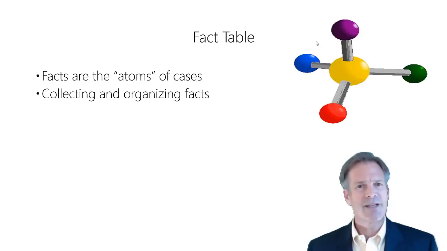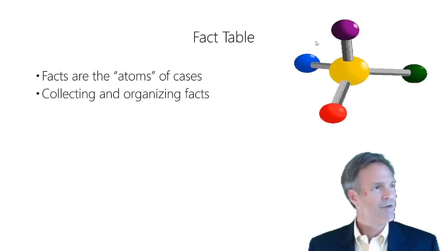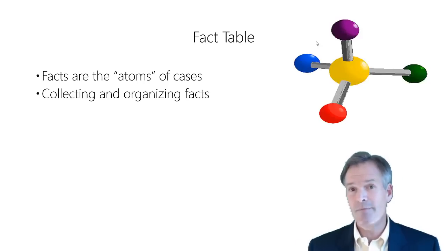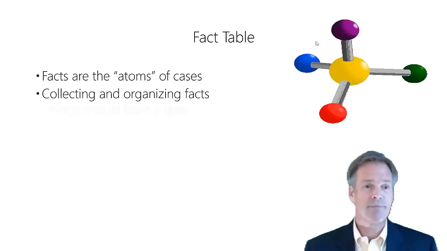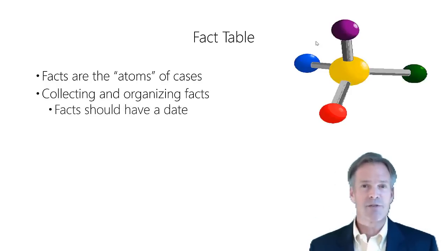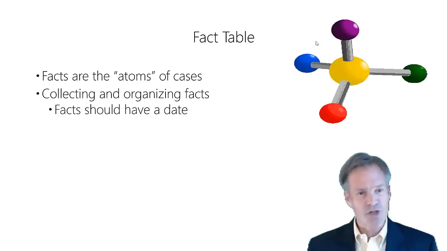Again, these are facts that you're collecting from interviewing witnesses, perhaps from getting interrogatory answers, from taking statements, from taking depositions. Now, once you are out there gathering the facts, you are going to put the fact on your fact table. Now, all facts should have a date and a time.